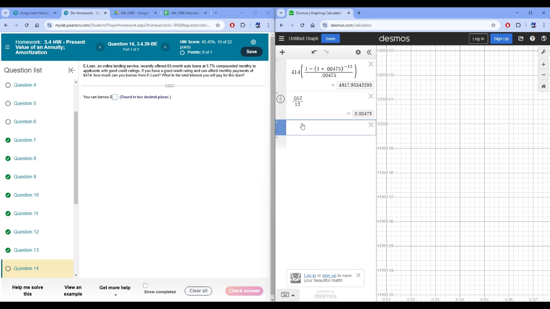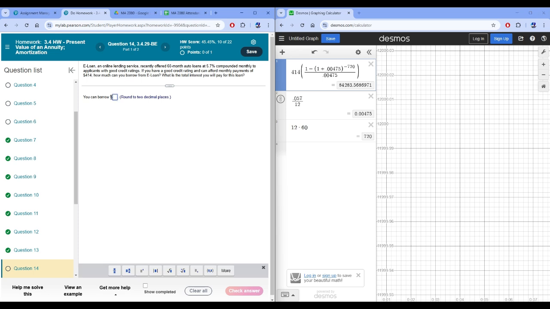Then I just need to know what 12 times 60 is. 720. So if I do 720, would this car really cost me $84,283.57?